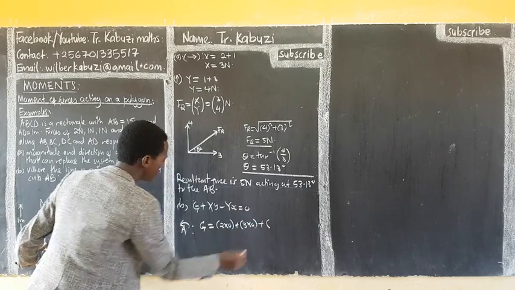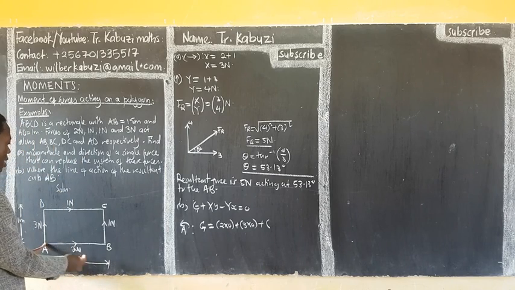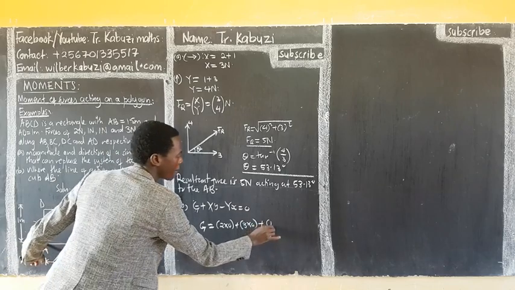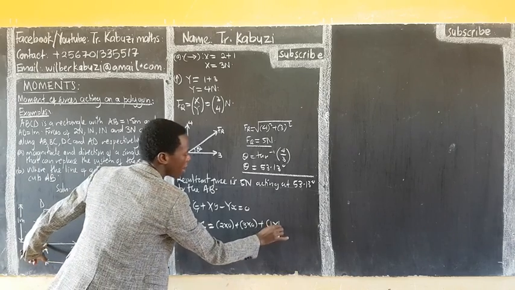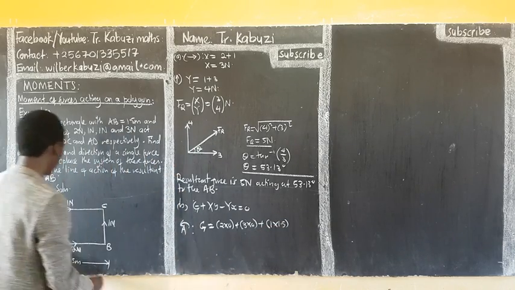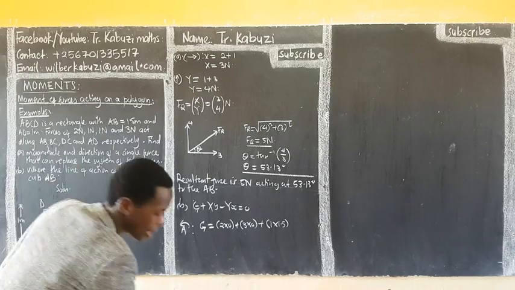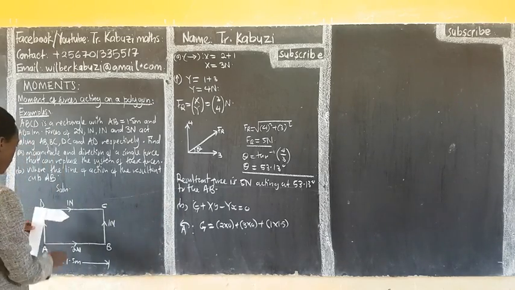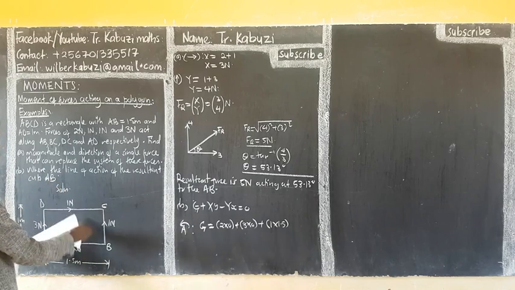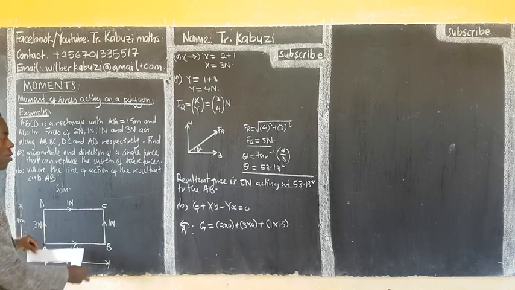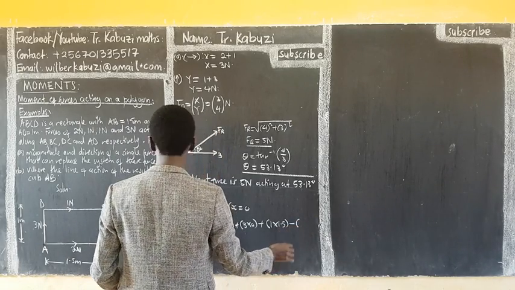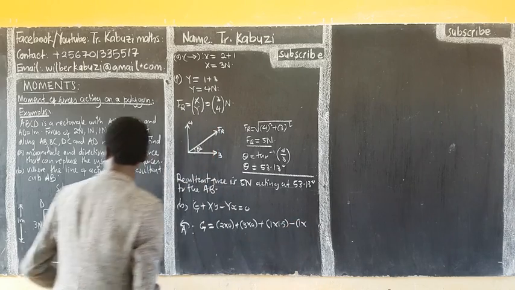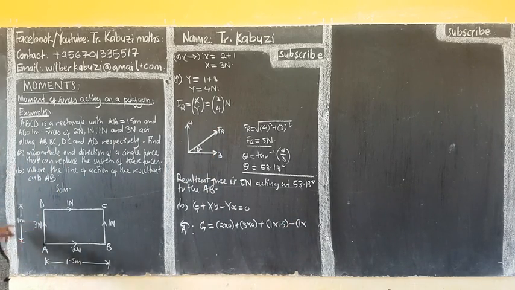Then plus, this one I'm taking anti-clockwise, so this is going to be 1 times the perpendicular distance from here up to here, which is 1.5. You see this other force is going to act clockwise from A. So there I'm going to subtract 1 times the perpendicular distance from here to here, which is 1 meter.